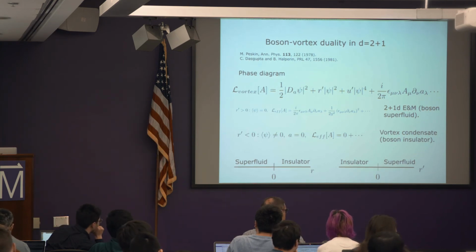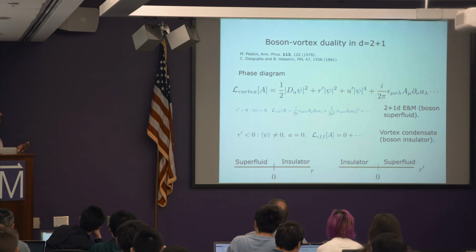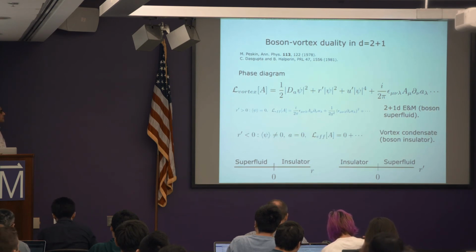Question? In this dual language, what does the confinement phase correspond to in terms of the original? Confinement of little a? Well, it's Higgsed, right? But if it's not Higgs, if there's another knob I can turn in this dual theory, then what does it mean in the original? I would think that there's only the Higgs type confinement.